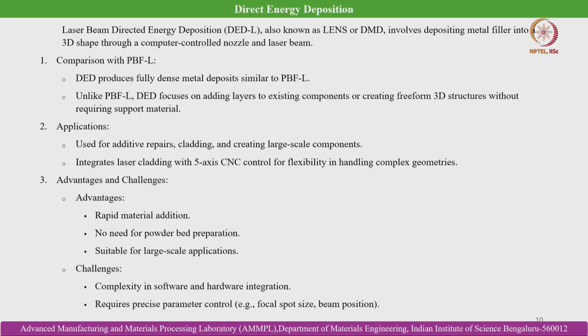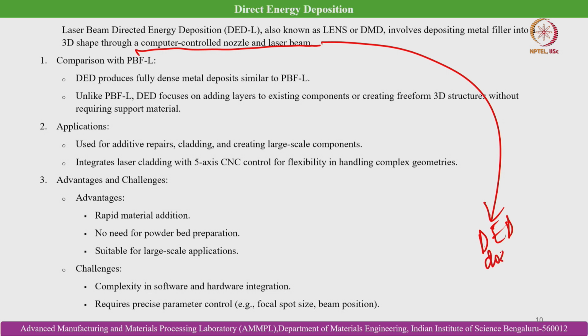So, now we will move to directed energy deposition. So, what is directed energy deposition? In case of directed energy deposition, which is also known as LENS, laser engineered net shaping, or DMD, that means direct metal deposition, it involves depositing metal filler into a 3D shape through a computer controlled nozzle and laser beam. The major difference in case of DED compared with LPBF is that DED does not need any powder bed.